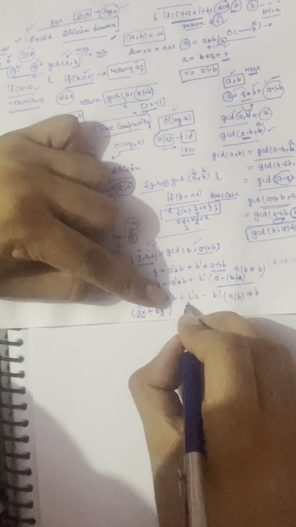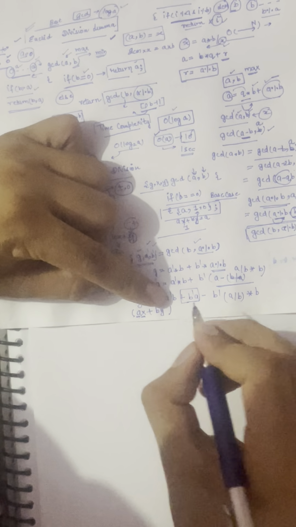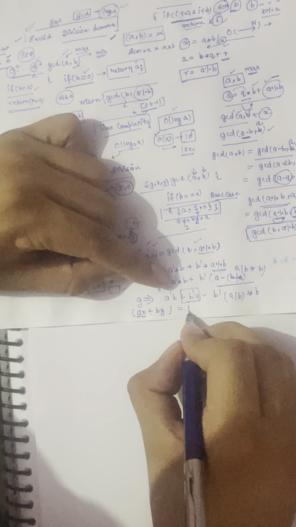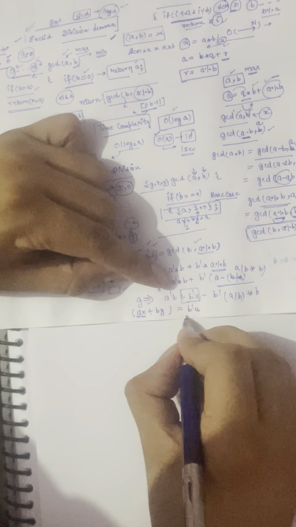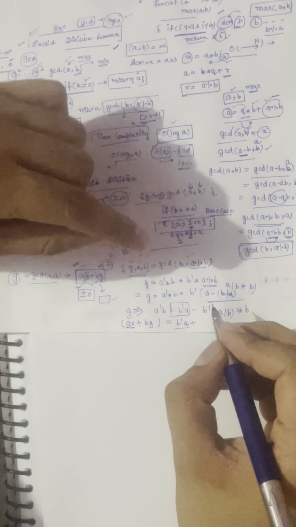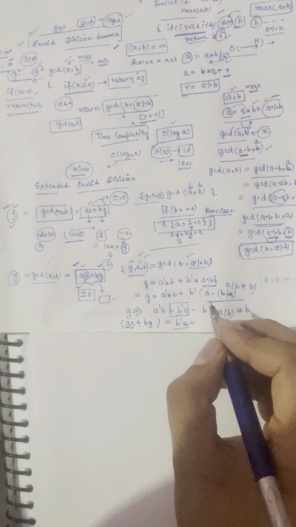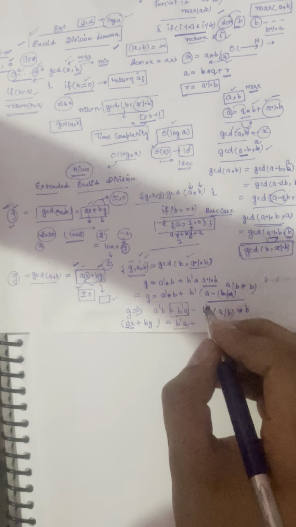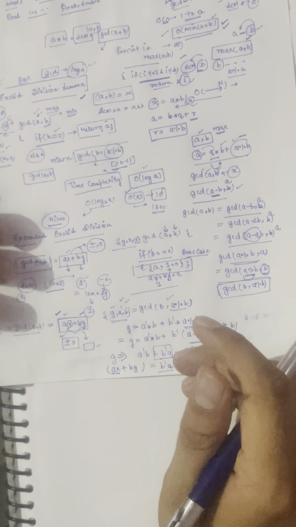So we are able to separate a here, b dash into a plus. Let's do this calculation again.